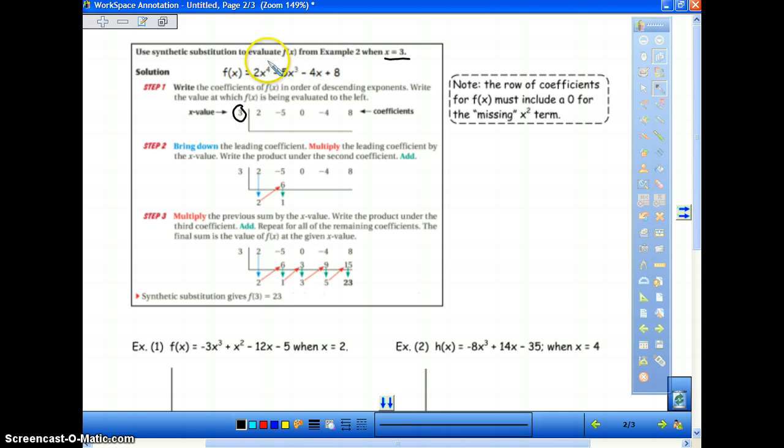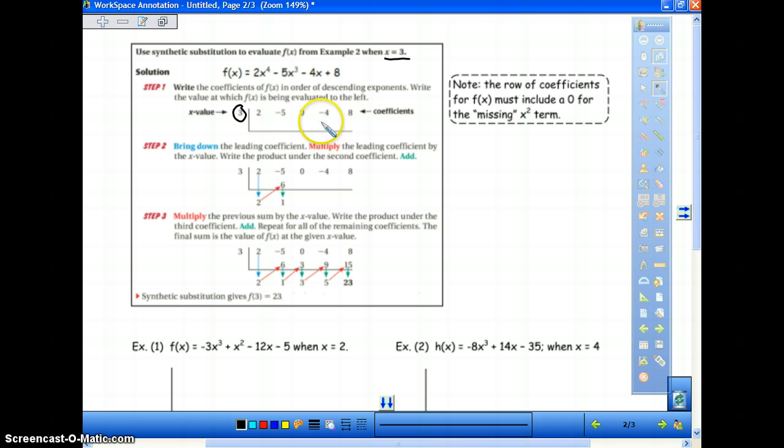So x to the fourth is our highest, so we put 2. Then x to the third, so we put -5. Don't forget this negative, that includes it. The reason why we have a 0 here is because we don't have an x squared term. So you need to make sure that if you're missing a term, you put a 0 in there for that. Then we have -4 and then 8.